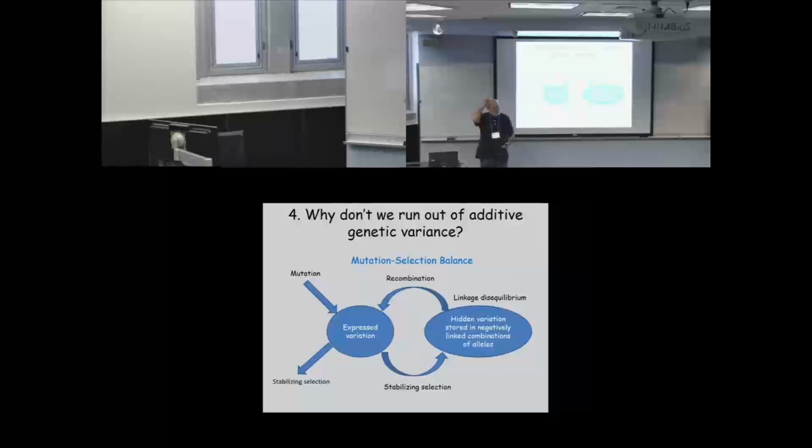So if you think about mutation, it's not obvious that it's a substantial input each generation. But if you stop and think that each trait might be affected by dozens, hundreds, perhaps thousands of loci, then what's a relatively rare event on a per locus basis can be a substantial source of input each generation.